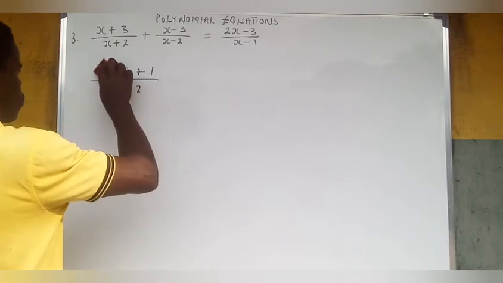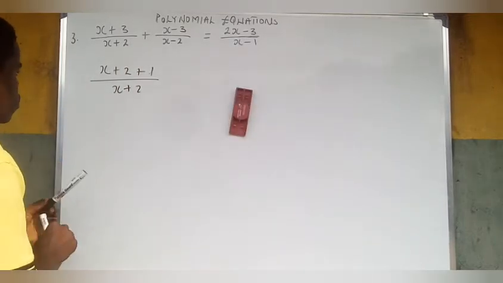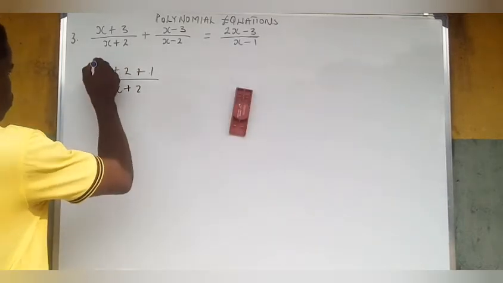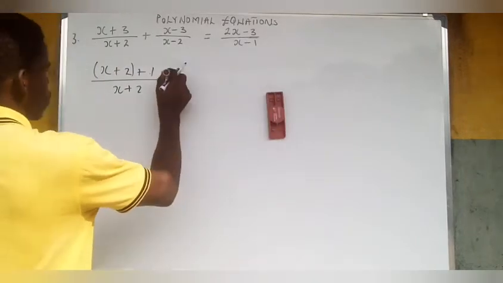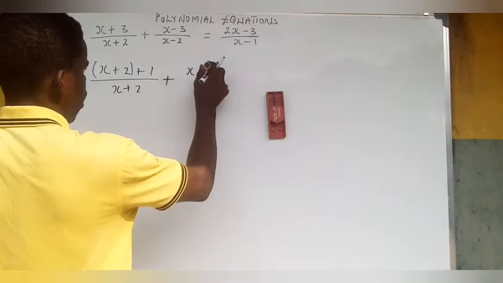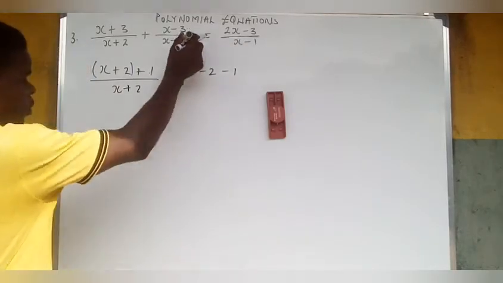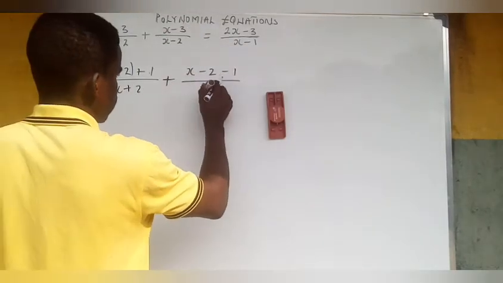So, 2 and 1 plus x minus 2 minus 1 over x minus 2, in place of 3, x minus 2.